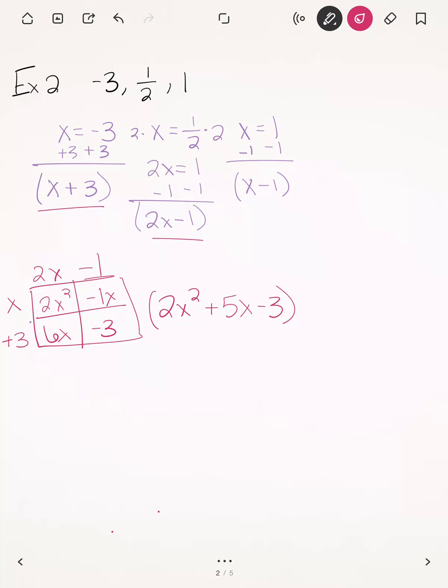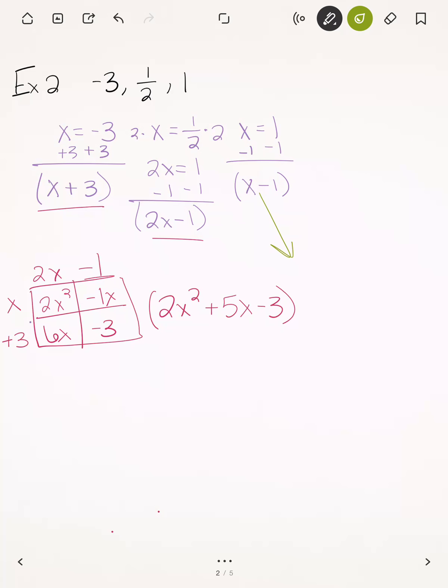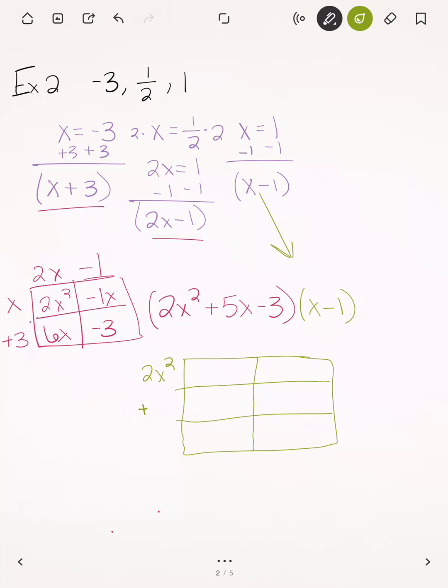Now I have to make sure that I bring down my third factor and multiply those together. So now I have a trinomial times a binomial, so I'm going to do a 3 by 2. I get 2x squared plus 5x minus 3, and x minus 1.